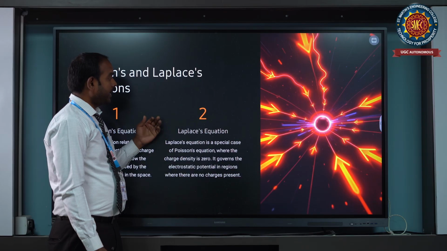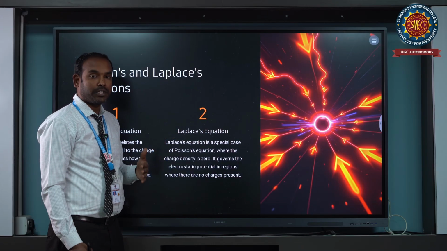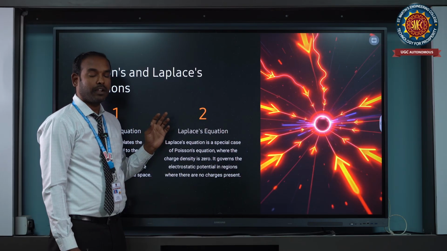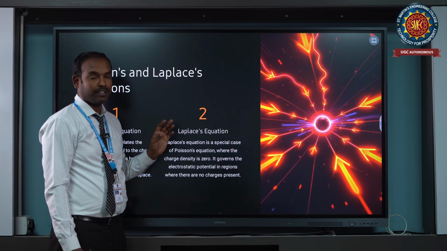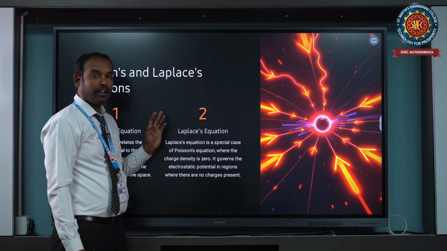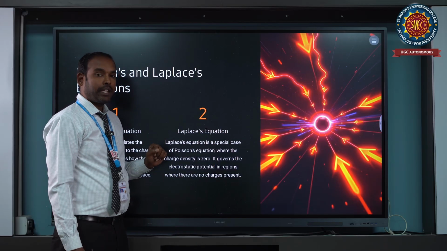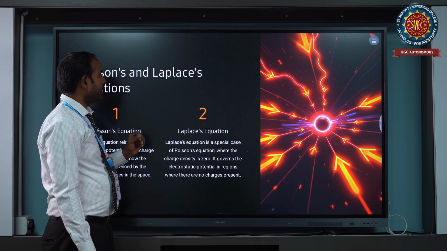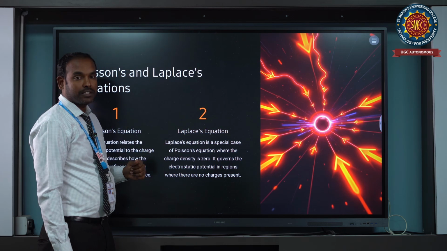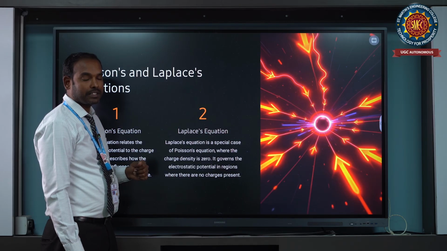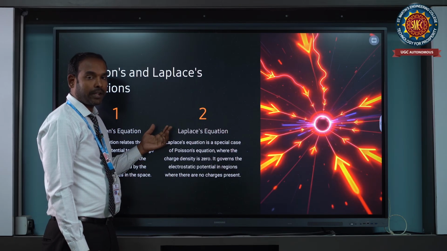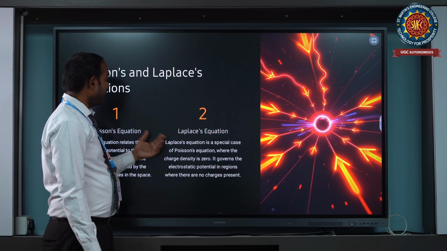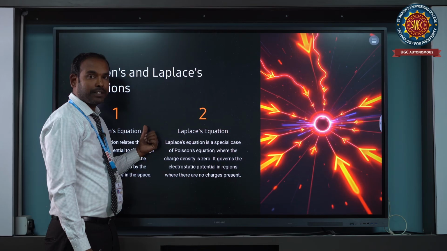Electric field requires either charge distribution or potential variation, but in such cases only initial static conditions are given. So in order to determine potential or electric field throughout the regions, we use Poisson's and Laplace's equations, which relate the potential variations with the charge density. Here Laplace is a special case of Poisson's equation.